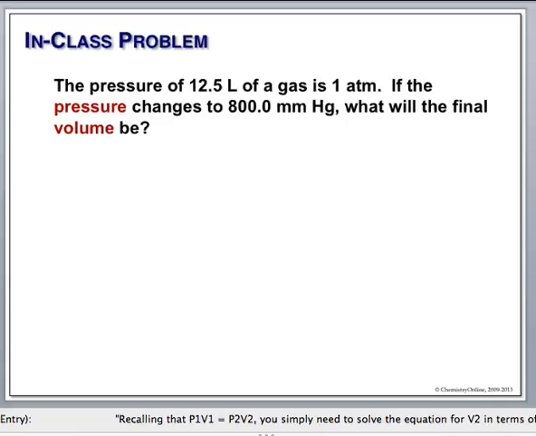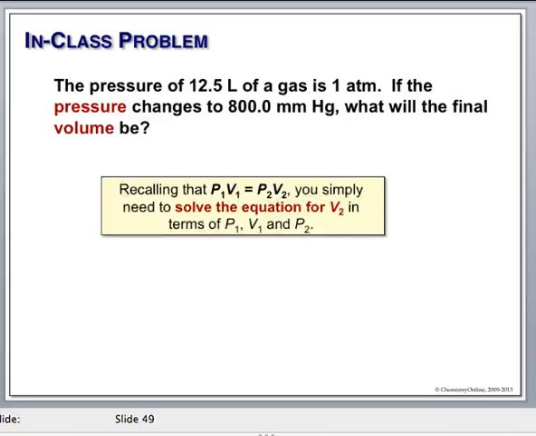What we basically have here is 12.5 liters of a gas at 1 atmosphere. The pressure is going to change to 800 millimeters of mercury, and we want to know our final volume. This is a classic Boyle's Law problem, and we know that P1V1 is going to equal P2V2. All we have to do is take this equation, rearrange it so that we solve for V2.